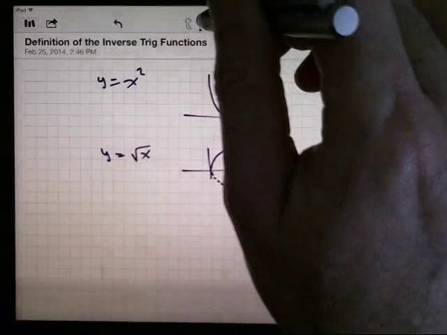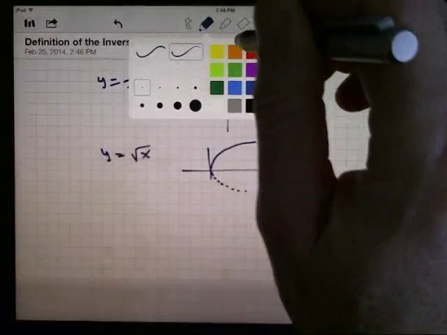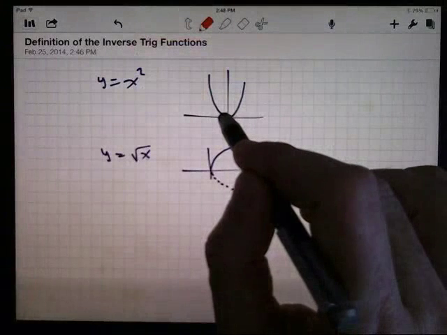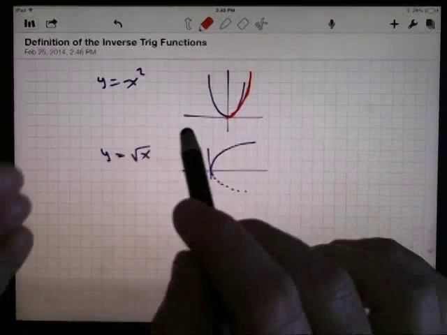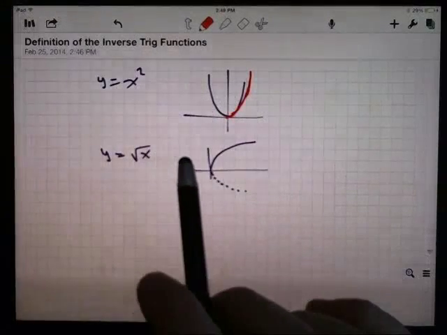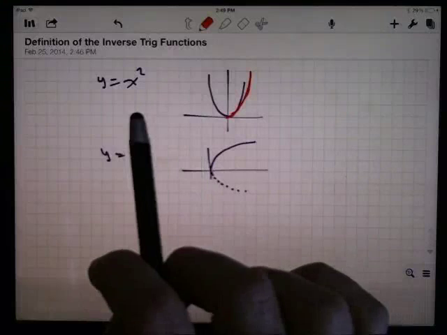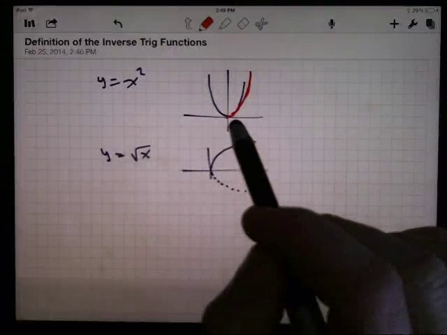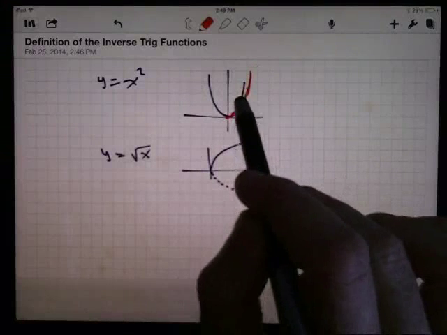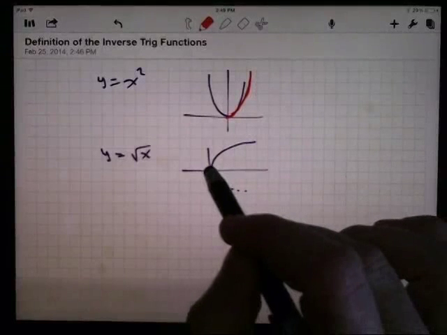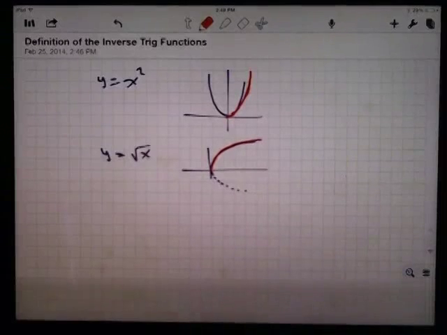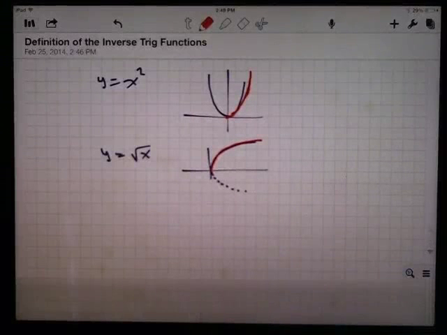So what I'm doing is I'm saying I'm really only looking at half of this parabola. Put some blinders on. Don't look at the whole thing. Pay no attention to the man behind the curtain, right? Pay no attention to the left-hand side here. This half of it alone does pass a horizontal line test, and so this half, when I flip it over, does pass a vertical line test.